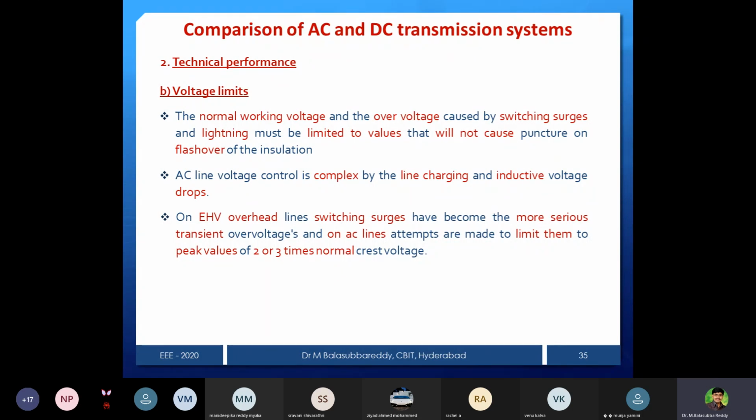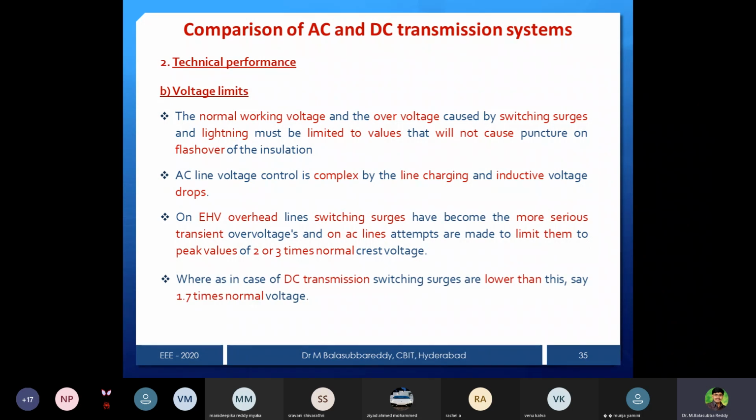On HV overhead lines, switching surges have become more serious transient overvoltages. On AC lines, attempts are made to limit them to a peak value of 2 to 3 times the normal crest voltage. We can limit it because in the crest voltages, with a lesser time, very high voltage will be obtained, that has to be limited to only 2 to 3 times the normal crest voltage.